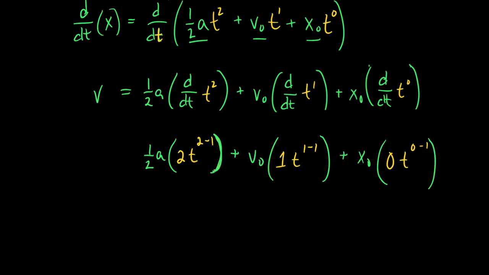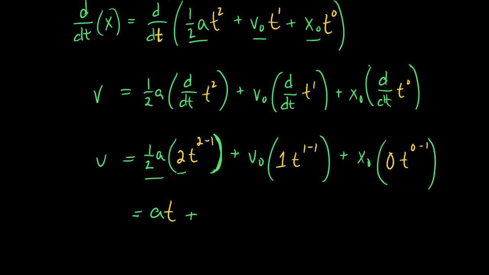All right, we have taken the derivative. Now simplify. So 1/2 a times 2, just a. What's t to the 2 minus 1? Just t. All right, moving right along.